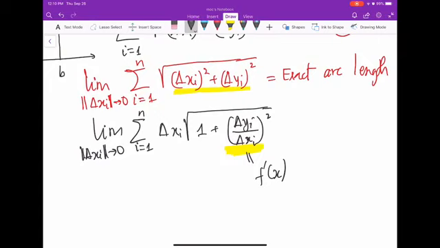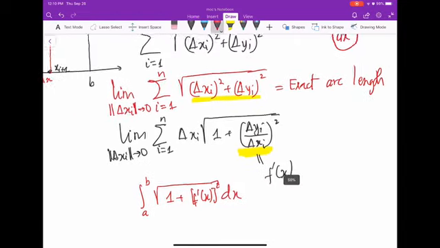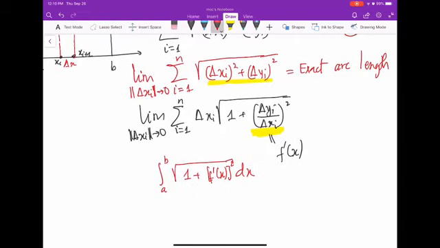So our integral will look like the integral from a to b of the square root of 1 plus (f prime of x) squared dx. And this is the arc length.